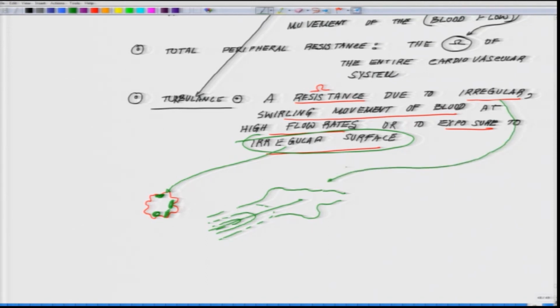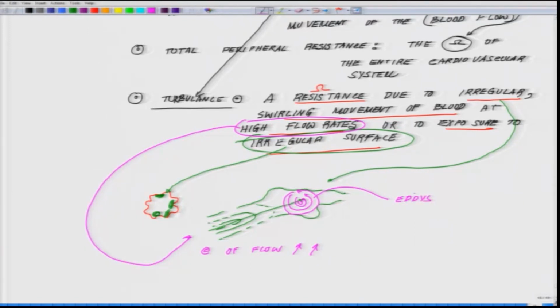And this becomes even more critical if the rate of flow is going up. Then this forms what we call the eddies.